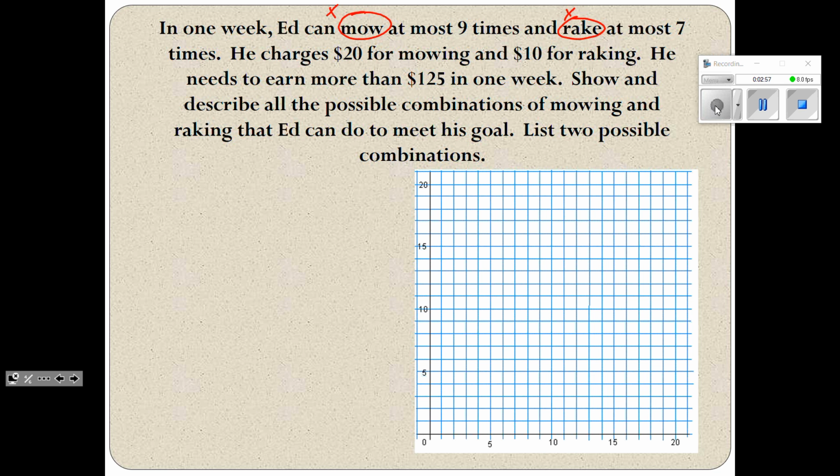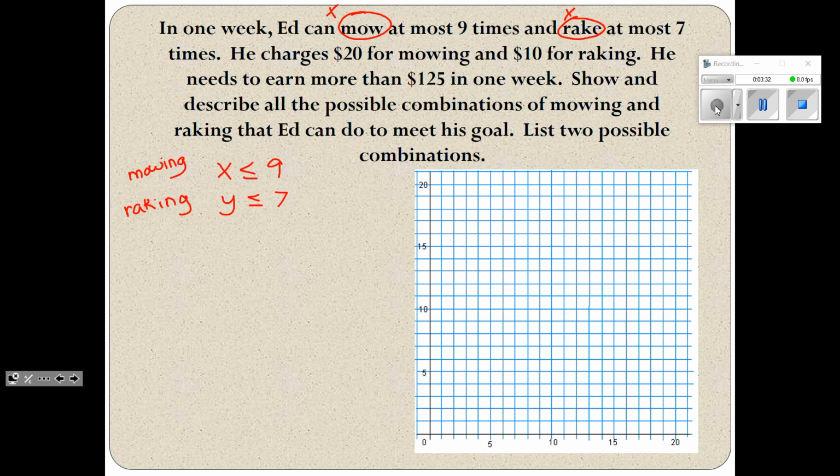This scenario is actually going to have 3 inequalities, because when it says that he can mow at most 9 times, then if x is mowing, then we could say that x is less than or equal to 9. This represents the mowing. And for raking, it says that he can rake at most, but no more than 7 times. So that is y is less than or equal to 7.